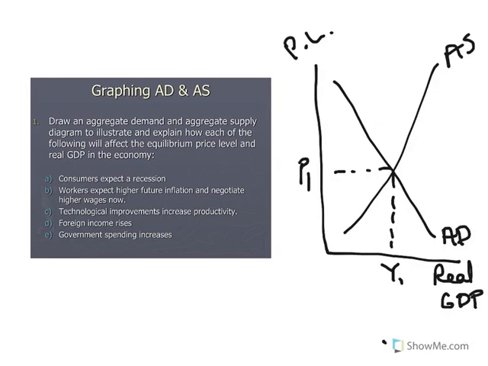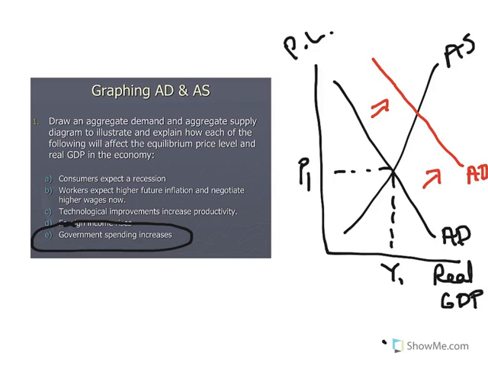Okay, and then the last scenario I have listed here is government spending increases. So we know government spending is a non-price determinant of aggregate demand, and so if the government starts to increase their expenditures for whatever reason, what that will do is effectively increase the overall aggregate demand for goods and services. So your aggregate demand curve would be shifting like so.